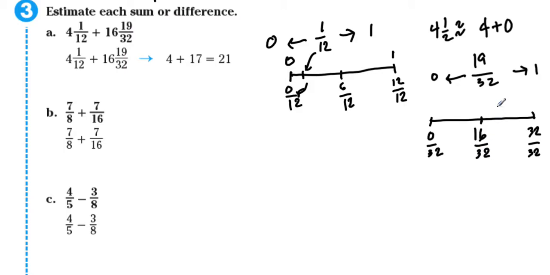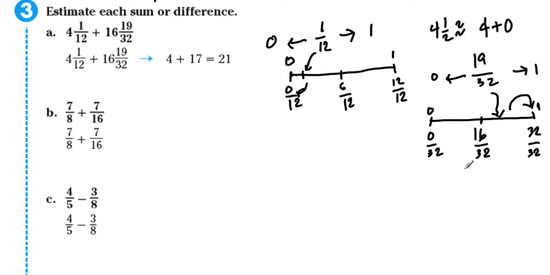And if you notice, 19 over 32 is right around this area right here. Therefore, it's closer to this number, which is 1, than to 0. So we round 19 over 32 to 1, and that's the reason why this becomes 17.